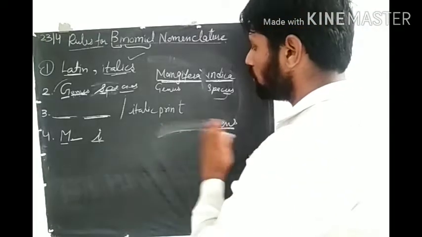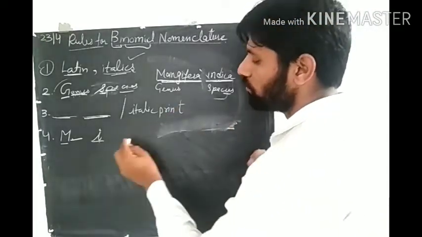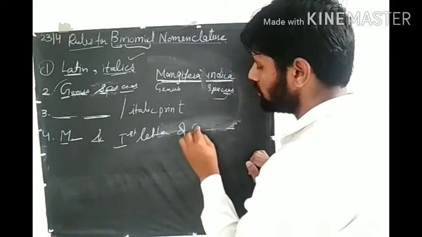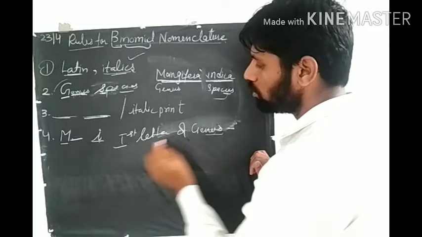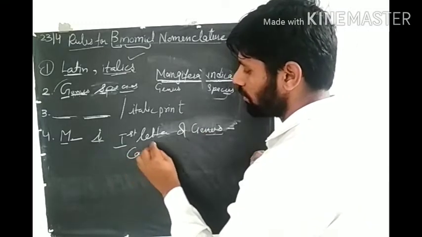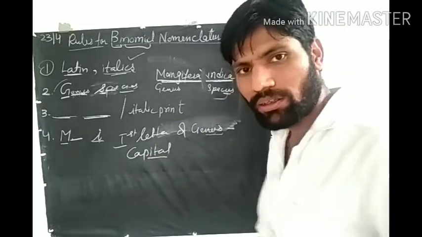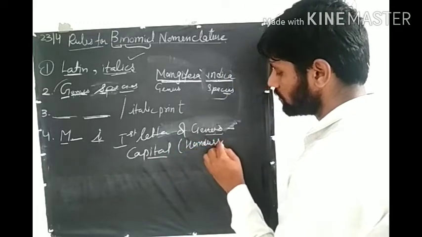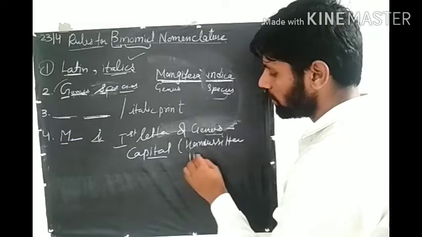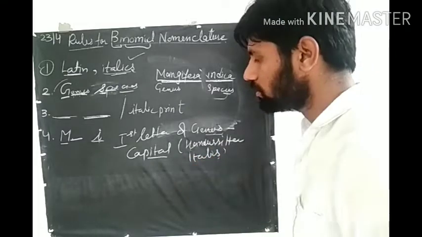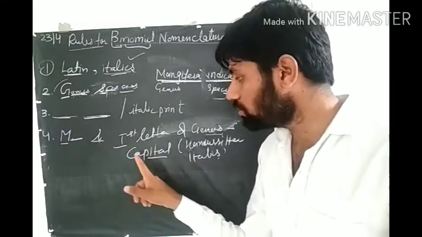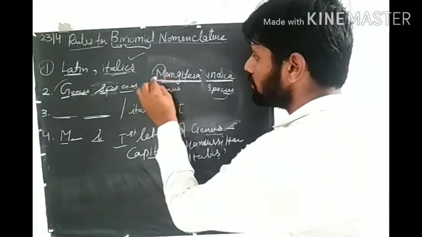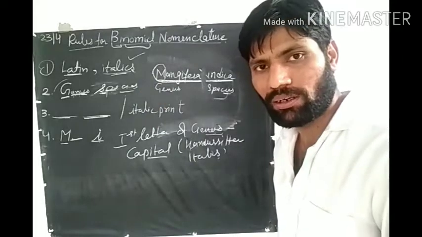Now the next rule, or fourth rule, is that the first letter of the genus should be capital, whether we write it by hand or write it in italics. So here in Mangifera I have written M as a capital.